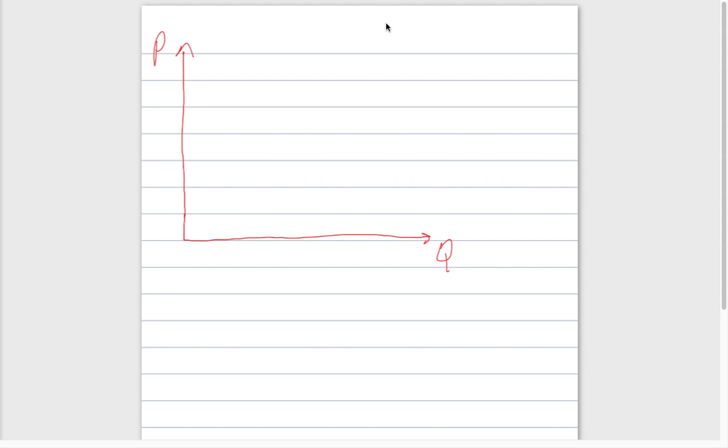Notice that the supply function is this, and there is no intercept value, so the intercept is at 0. If I draw it, it will look something like this.